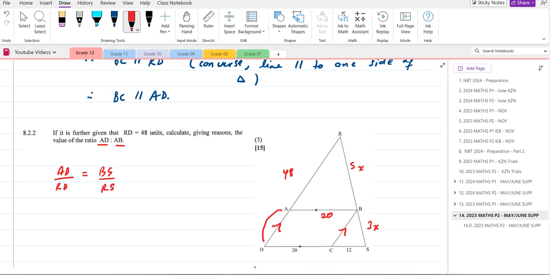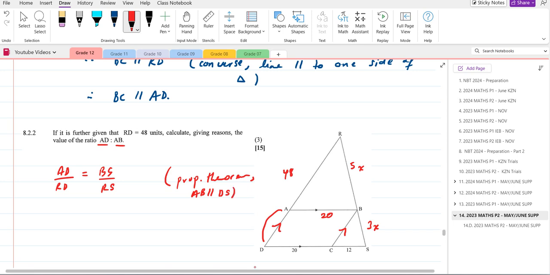And this is from prop theorem, because AB is parallel to DS. Now we're going to take RD across, so AD is now equal to, what's RD? RD is 48, and what is BS over RS? BS is 3 over 8. 8 and 48 cancel out 6 times. 6 times 3 is 18 units.